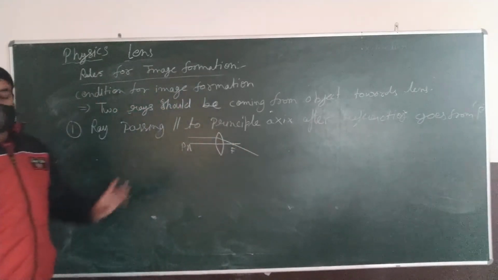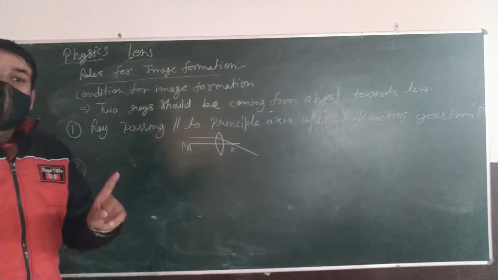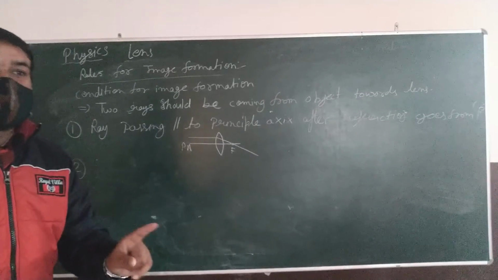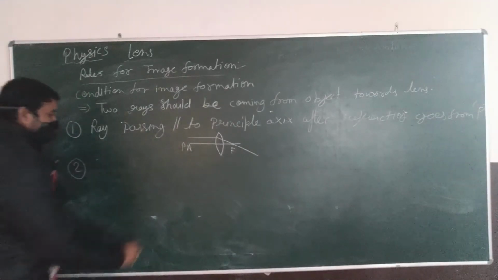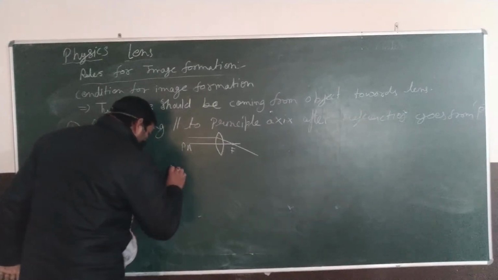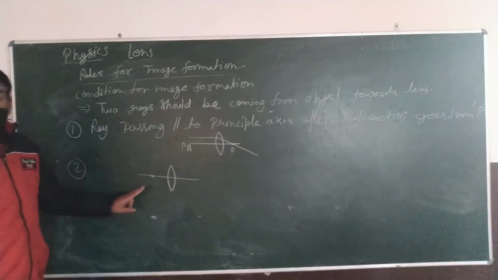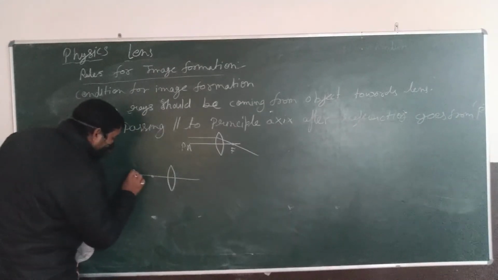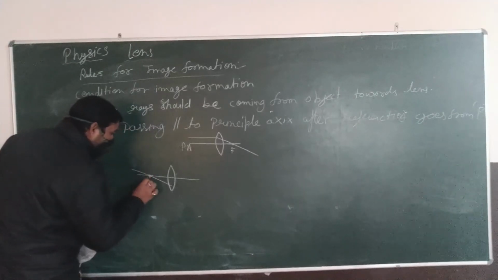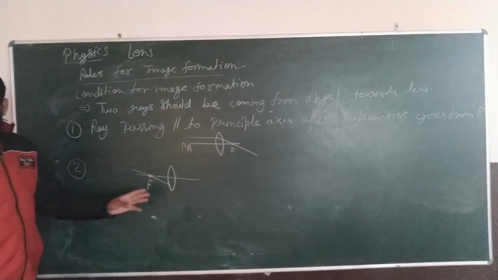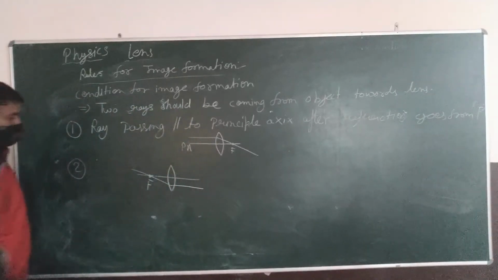This is the first case. Second, the ray which is passing through the focus, after refraction goes parallel to the principal axis. I will just explain using the figure. Suppose this is the first principal focus of the lens, and the ray which is traveling from the focus point, after refraction is observed to travel parallel to the principal axis.